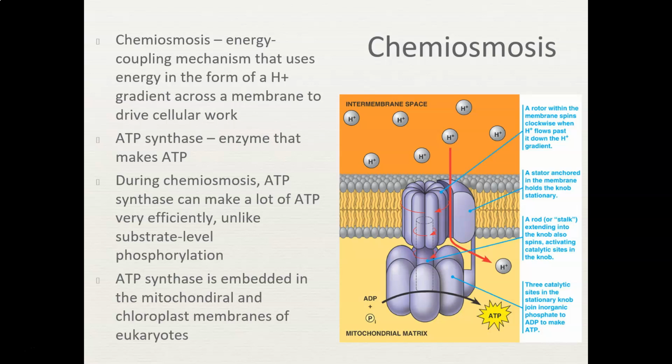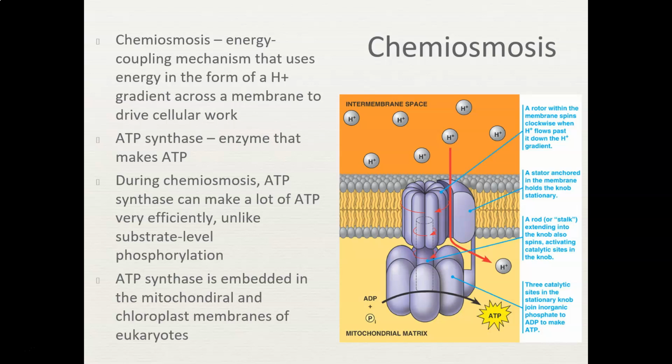It works kind of like a rotor, if you will. Every time an H plus comes through here, it causes the complexes in here to turn, and that's going to snap together the phosphate plus an ADP and churn out the ATP. So every time a hydrogen comes through here, this turns, these guys get smashed together, and we make ATP as a result.